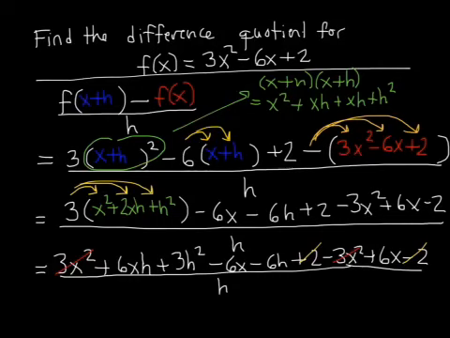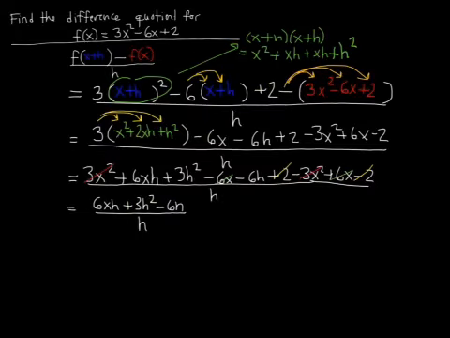If you look closely enough, you see you have a minus 6x plus 6x that also is going to cancel to 0. So what was a really nasty looking numerator becomes a lot more pleasant. In fact, what is up there is equal to 6xh plus 3h squared minus 6h, entire quantity divided by h. So I moved things around here a little bit to make enough room for us to finish off this problem.